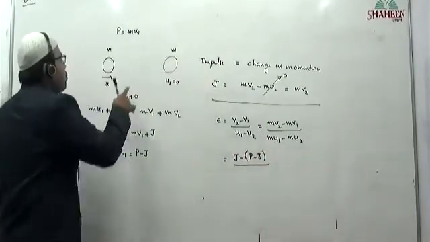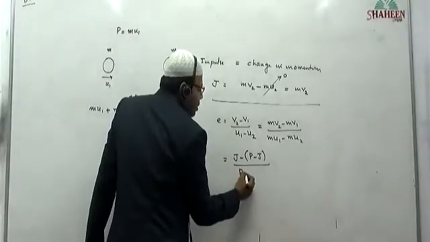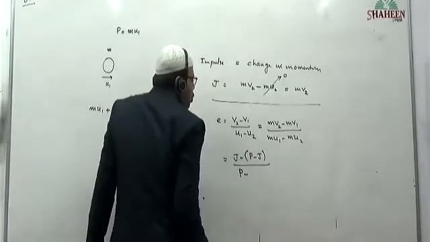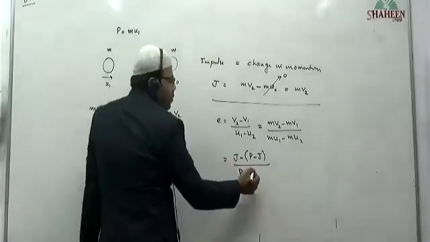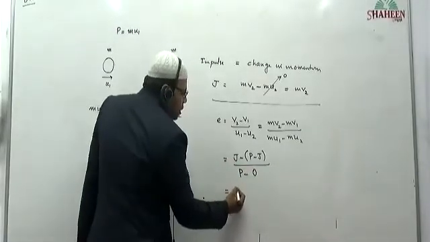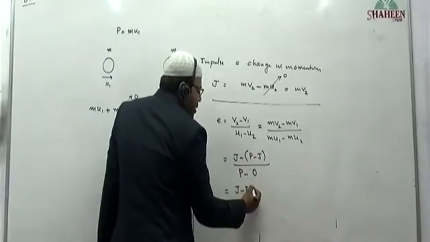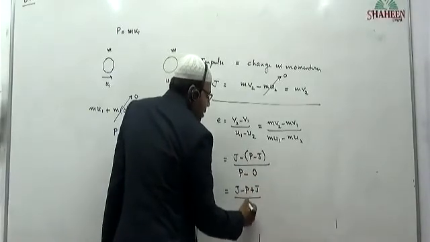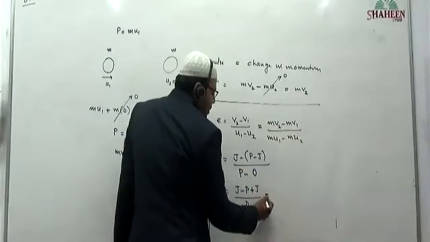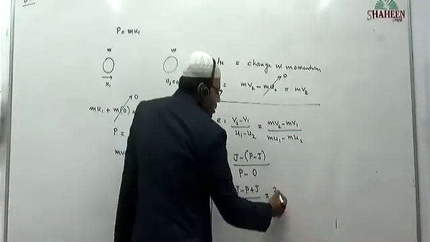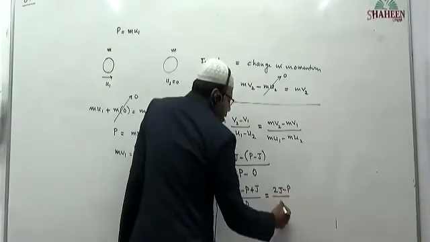What is mu1? mu1 value is p minus mu2. u2 is what? 0. So therefore I will take this as 0. So this is j minus (p minus j) by p. So therefore j plus j, it is what? 2j, minus p by p. This is the answer beta.